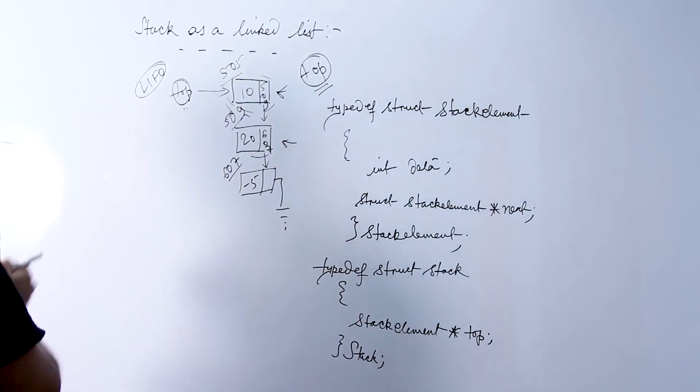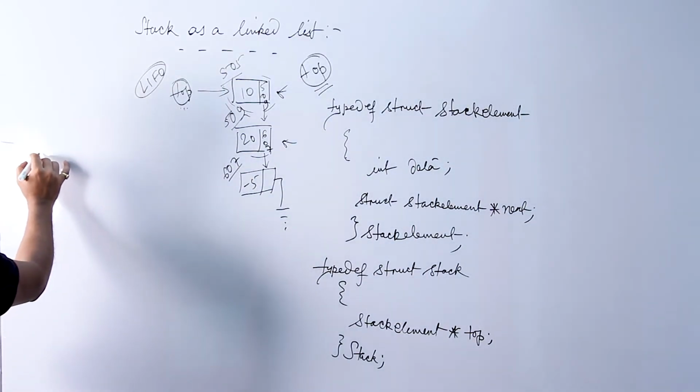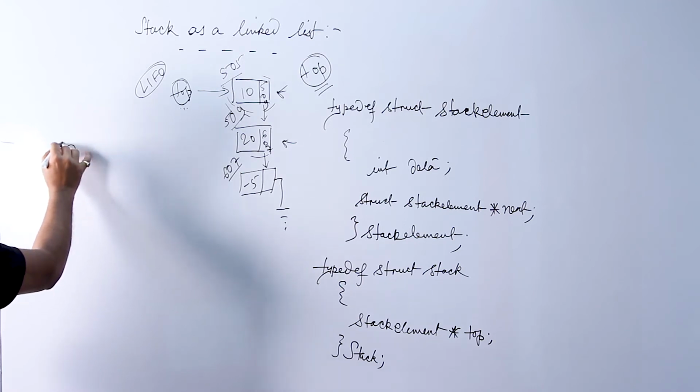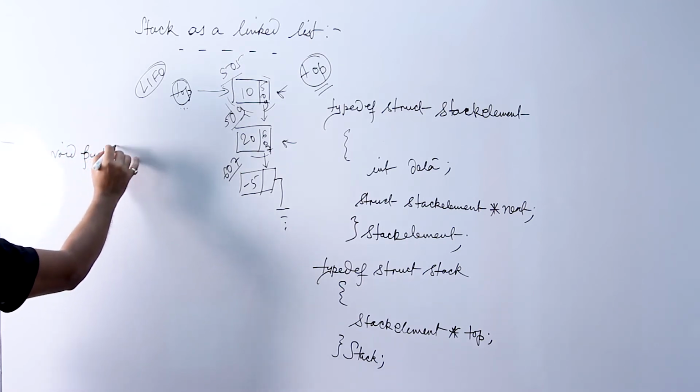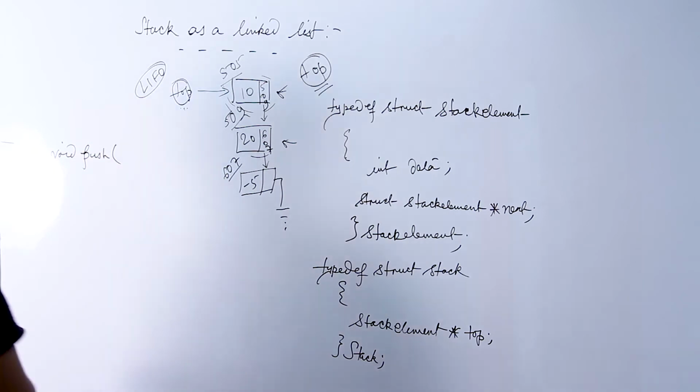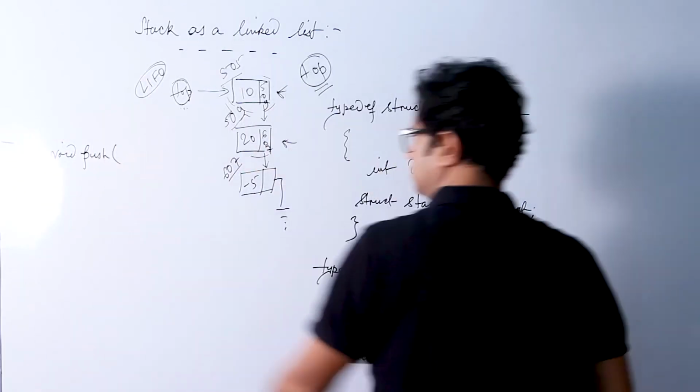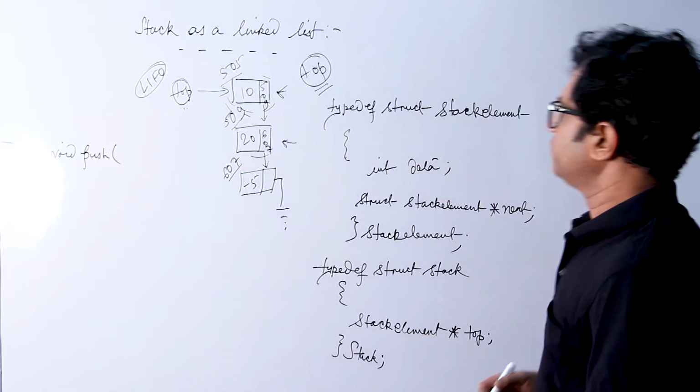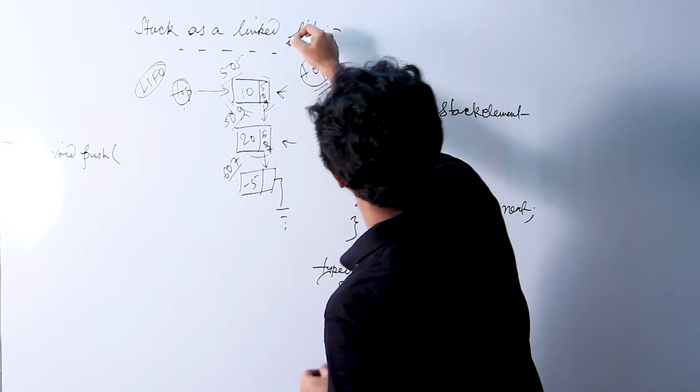So I will write like this: void push. Suppose we are going to take one data, and data is nothing but the data which is to be taken in the new node.